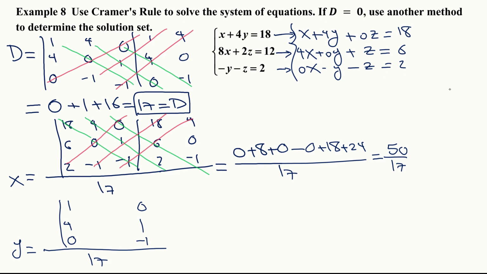We're going to replace the Y ones with 18, 6, and 2. Repeat the first two columns on the side here. 1, 4, 0, and 18, 6, 2. Okay, so we'll go ahead and form the green group, and then the red group.